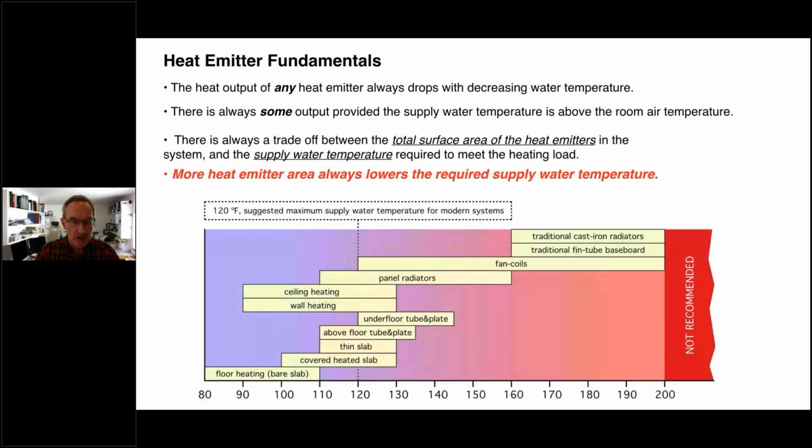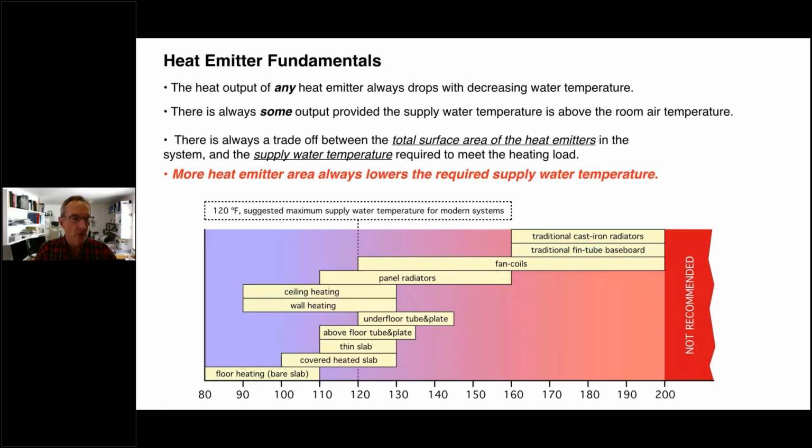And this is a chart that I've shown in some of the past webinars. Basically, across the bottom are supply water temperatures. And then these yellow bars just represent a typical range of water temperature for a certain type of heat emitter.